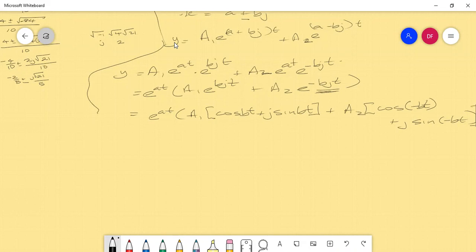Now, if you were paying attention in math class when they did the trig, most of us weren't, but some of it comes back to be useful. Cos minus theta is the same thing as cos theta. That's one of the things they established in a trig class. And sin minus theta is minus sin theta.